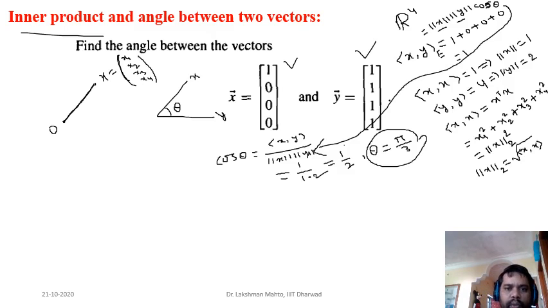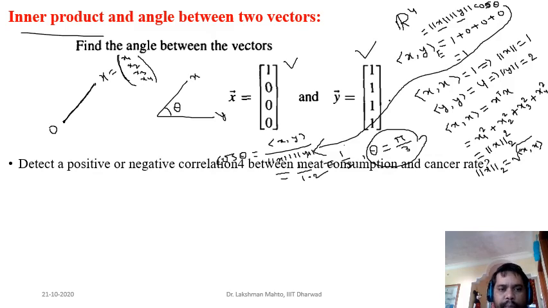So you have one more tool to find the angle between two vectors. I am taking one practical example. Here we have to find the correlation between people who are eating meat or some other kind of food and also develop some kind of cancer rate.